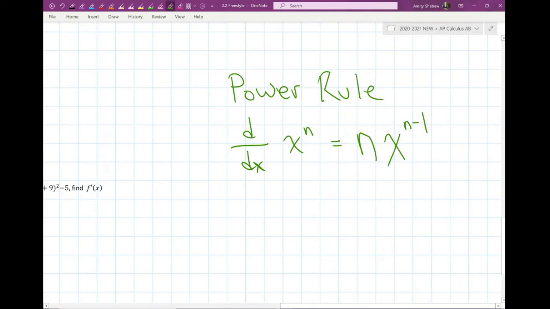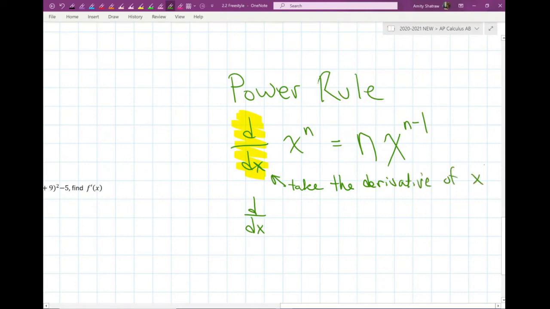So let's try that on the ones that we've done so far. Ready? The power rule says that if I want to ask you to take a derivative, and don't forget, by the way, this notation means please take the derivative of x to some power.